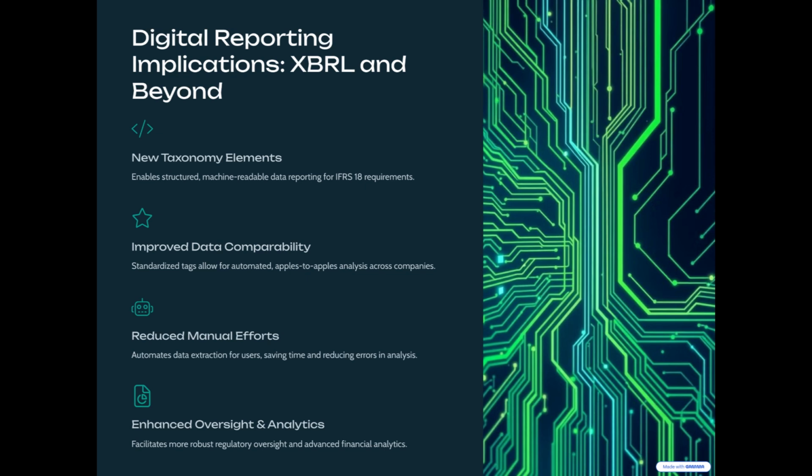This structured tagging enhances data comparability across companies and industries, enabling investors, regulators, and analysts to conduct more efficient and accurate comparisons. It also reduces manual efforts in extracting and interpreting financial data, allowing for faster dissemination and integration into automated systems. Furthermore, the improved granularity and consistency in tagging support enhanced oversight and real-time analytics, empowering stakeholders to detect trends, anomalies, and risks with greater confidence.